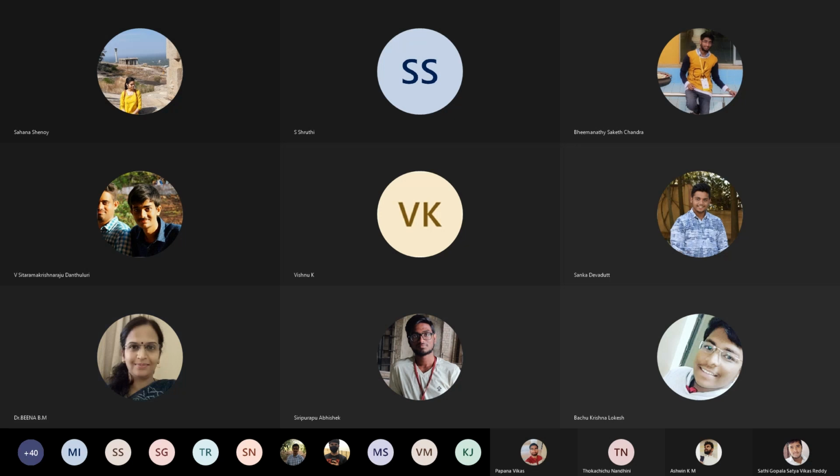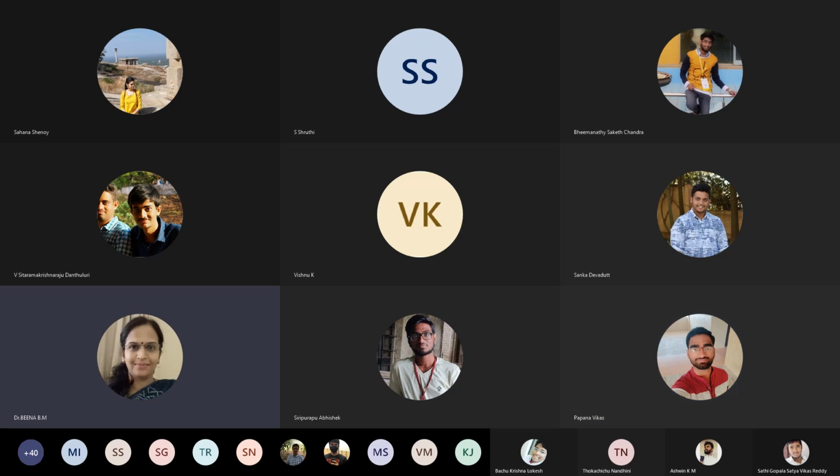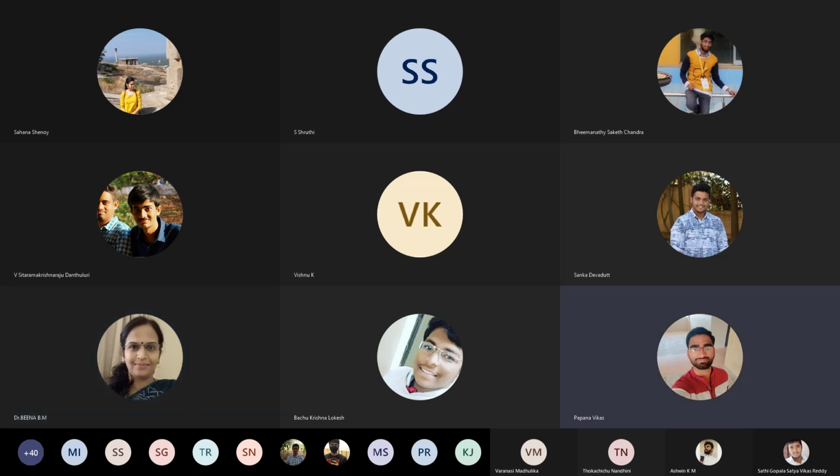Ma'am, beside raising hand, there are three dots. Is there anything like meeting settings? Device settings is there, meeting settings is not there. Then just open the participants list and you will be able to see some settings there.